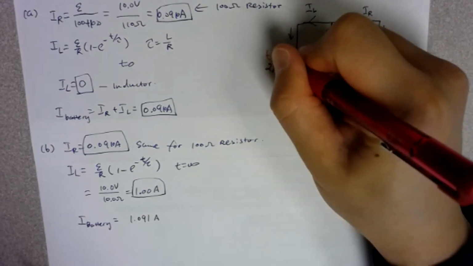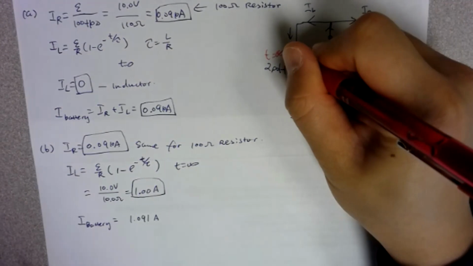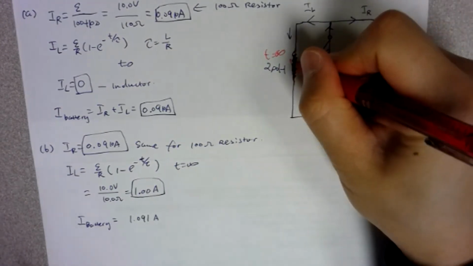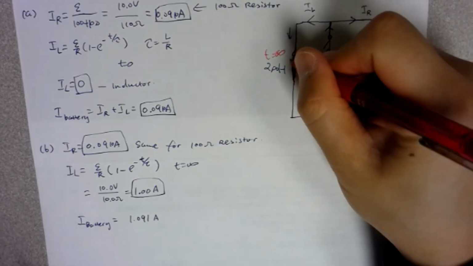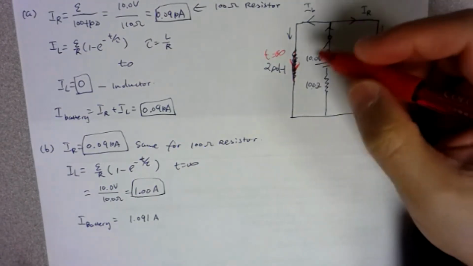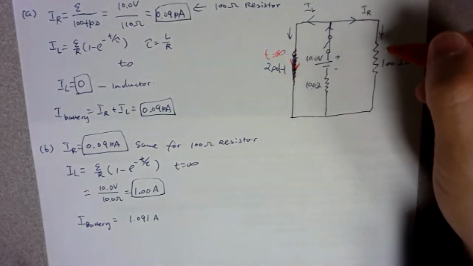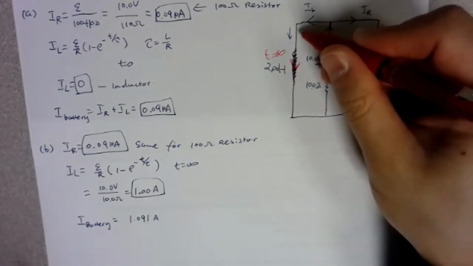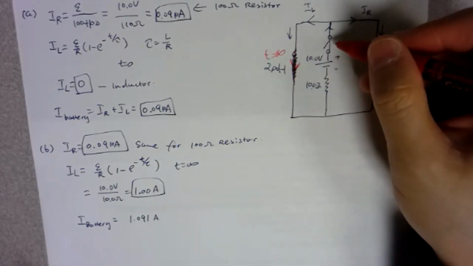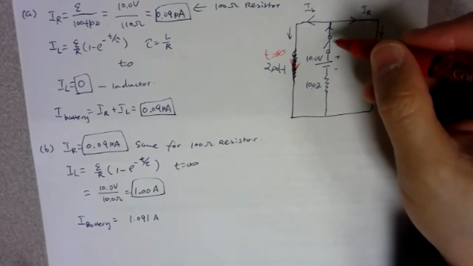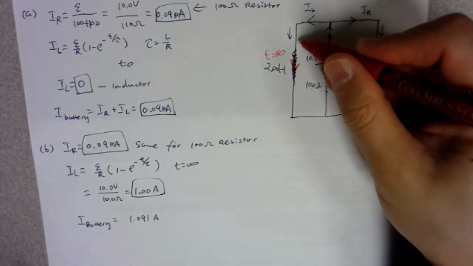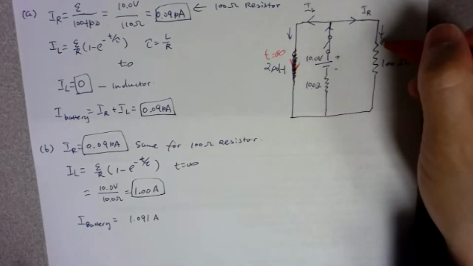So at t equal to infinity, this becomes a straight wire. It's no longer having resistance to the current or the inductance. So in that case, you're looking at this side of the circuit and this guy. If this is a straight wire, the electrical current is lazy. It will just prefer to go to this guy and not go through the other at all.